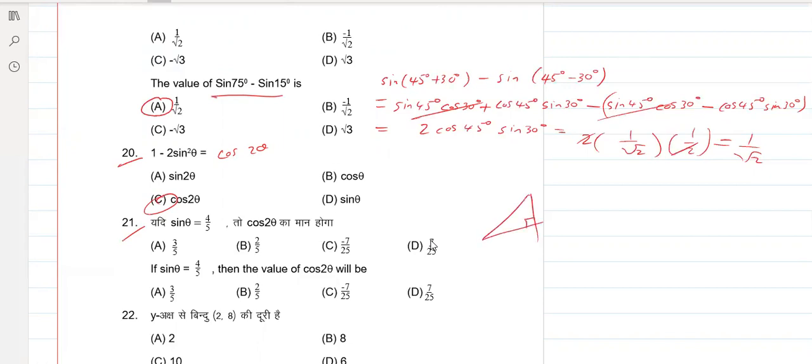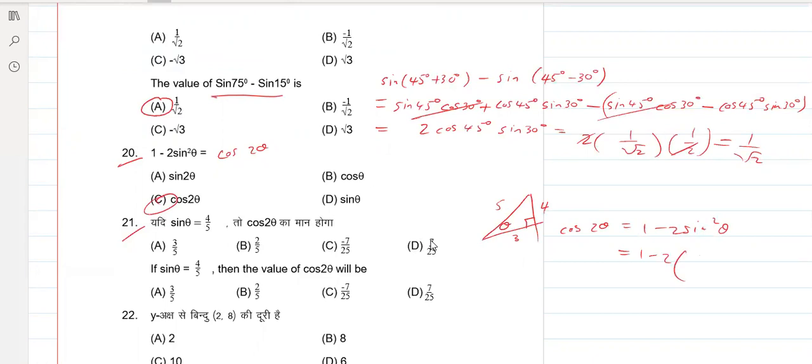Sine of theta is 4 over 5, opposite over hypotenuse, adjacent is 3. So guys, cos 2 theta is equal to 1 minus 2 sine squared theta. Okay, we don't even need to use a triangle.